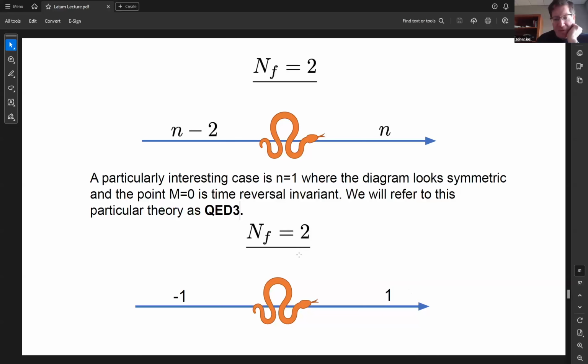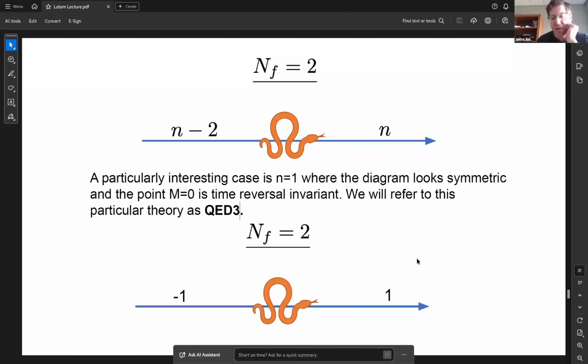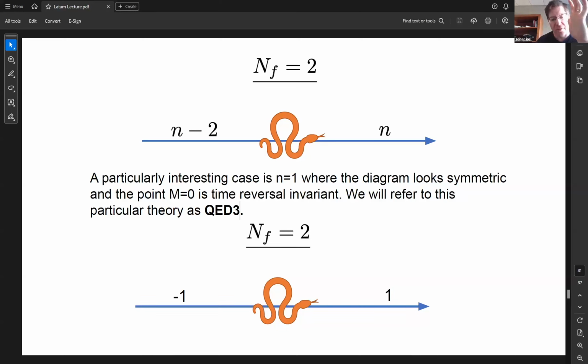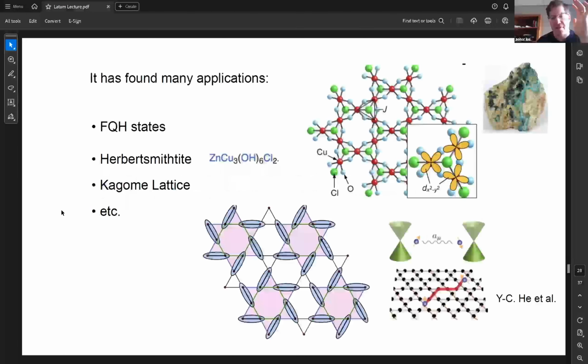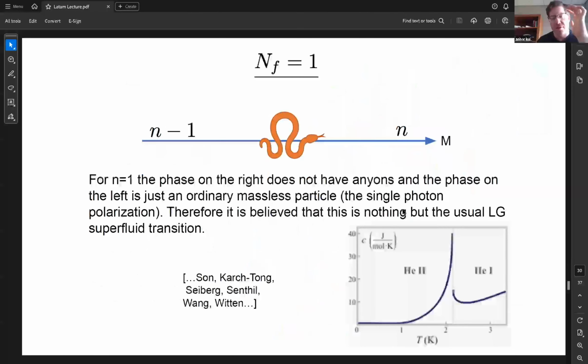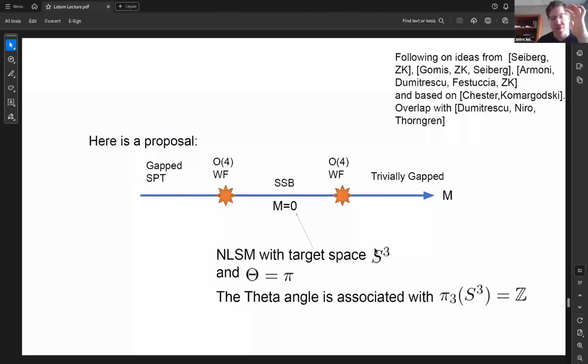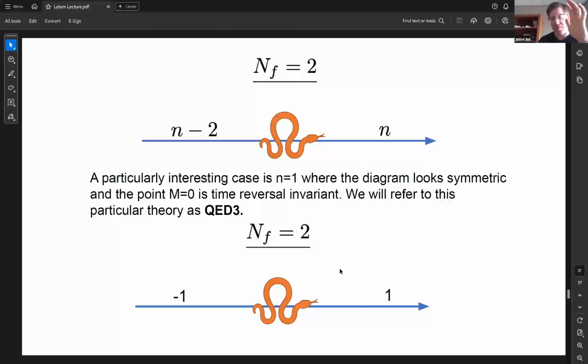So for this reason, this theory with little n equals 1 and n f equals 2 deserves to be called QED3. So this is maybe the main challenge to understand what this theory does. This theory is also very close to what appears in this Kagome-Lattice and these minerals. So it's kind of the clear goalpost for what we should try to understand.